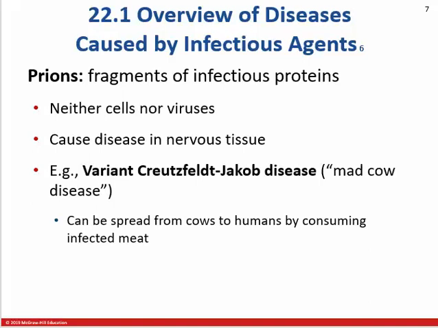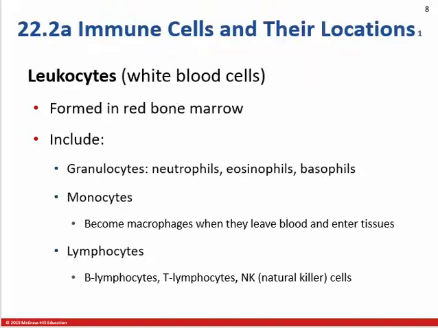What's frightening about them is they're not killed by cooking temperature, and because they're not alive, they're not affected by cooking temperatures, and they can infect the neurological systems of people or animals that ingest them. I'll leave it at that.